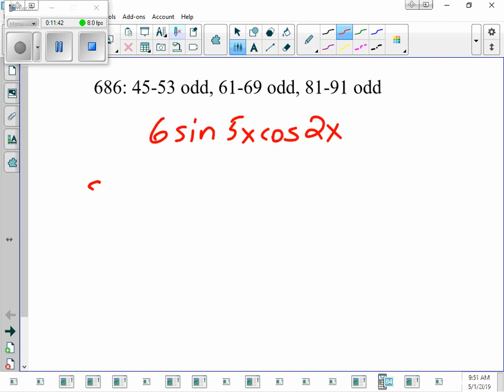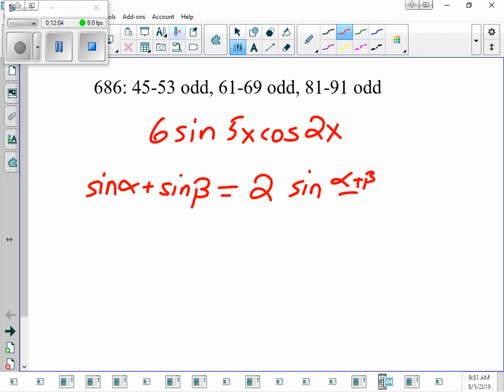So it says sine alpha plus sine beta is equal to 2 sine of alpha plus beta over 2 times the cosine of alpha plus beta over 2. Okay, does everybody see that? I matched the right side. I matched this to that.